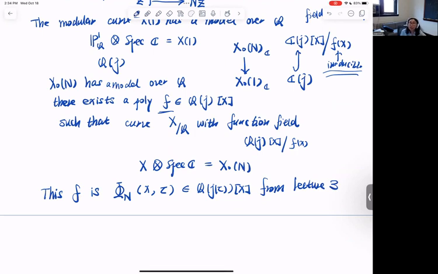But in lecture 3, we did not prove that this polynomial was irreducible as a polynomial in X. We did not prove that, but it is true. This polynomial turns out to be irreducible and is actually the element that generates the function field of X naught of n. Okay, great. So this is what we will say about X naught of n.